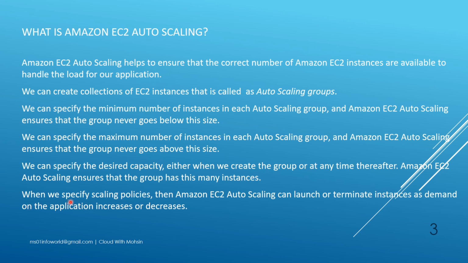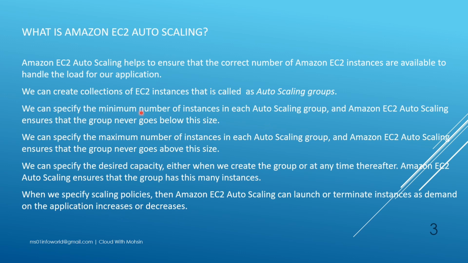And when we specify scaling policies, then Amazon EC2 Auto Scaling can launch or terminate instances as demand on the application increases or decreases. This is the main function of auto scaling. Say we have specified that the minimum number of instances for your application should be 2 in your auto scaling. If at present there is only one, it will launch another instance.